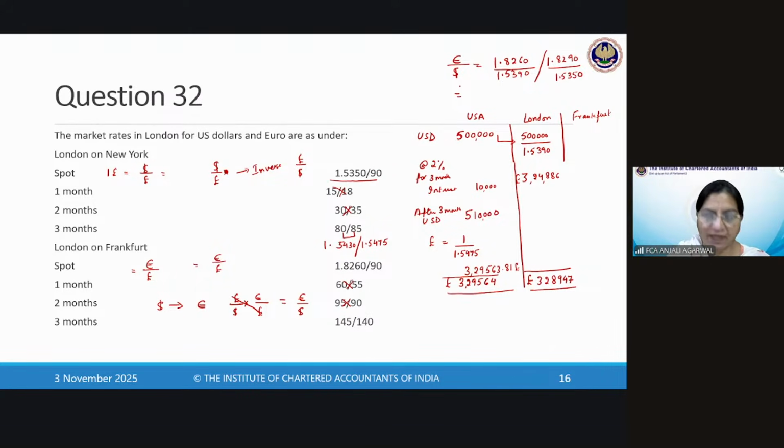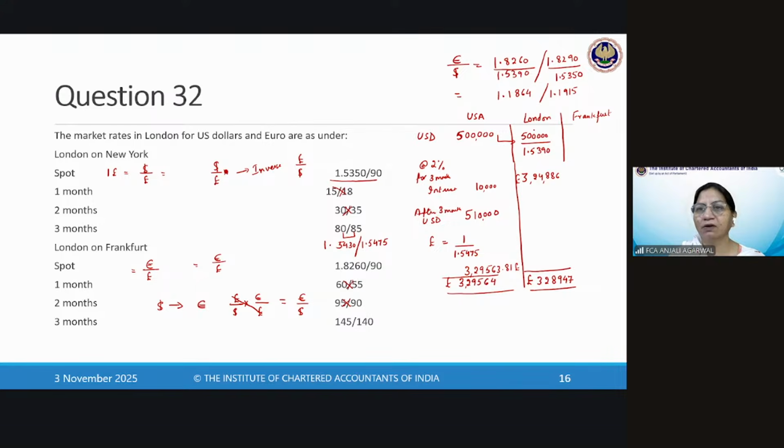The rates that come up are 1.8260 divided by 1.5390. So you end up getting 1.1864 euros per dollar if you sell, and 1.8290, though we don't require that, divided by 1.5350, that is 1.1915. These are the rates we get from cross currency rates.